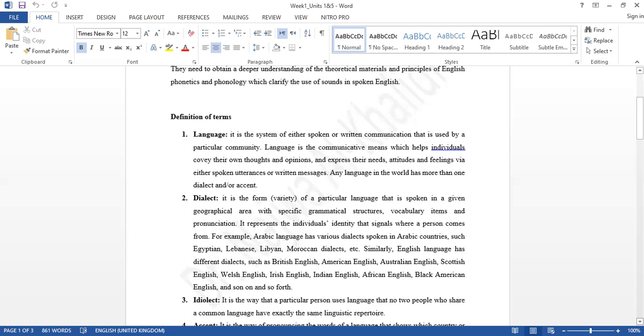So a dialect is a variety of a language which indicates individuals' geographical area, educational background, social class, sometimes even the type of work they do, and it includes differences in grammatical structures, which is related to the sentence structure, word order, and vocabulary items, as well as pronunciation. So it includes differences in sentence structure, vocabulary items used, and the pronunciation, the way of pronouncing sentences of that variety of language or a specific variety of language.